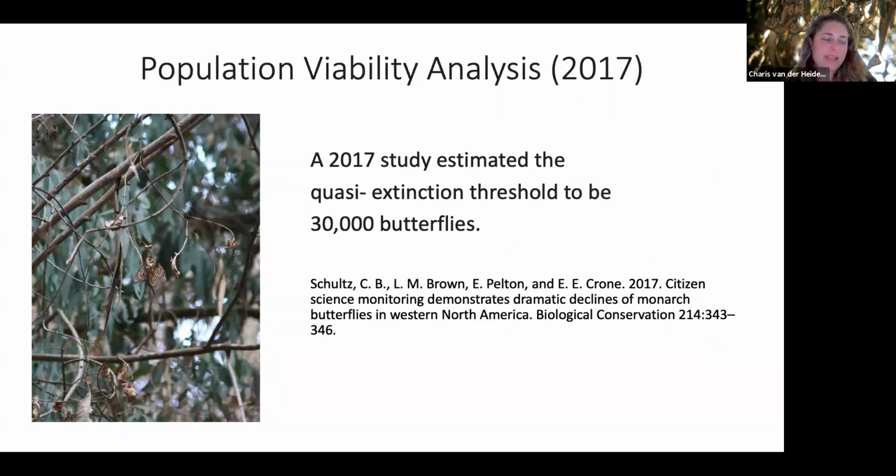This means that if the migrating population dips below this number, then theoretically there would not be enough individuals to find each other to mate once they disperse and then continue the population for the next breeding season. Next slide.